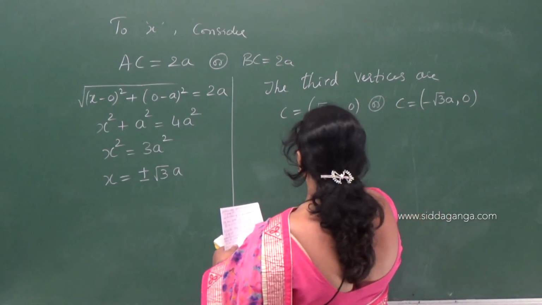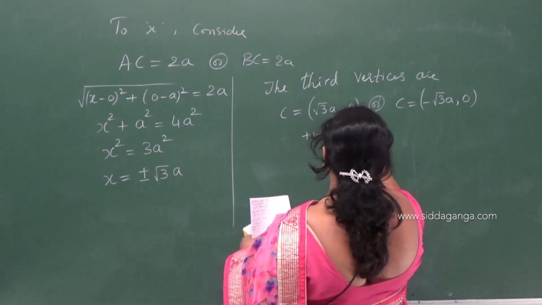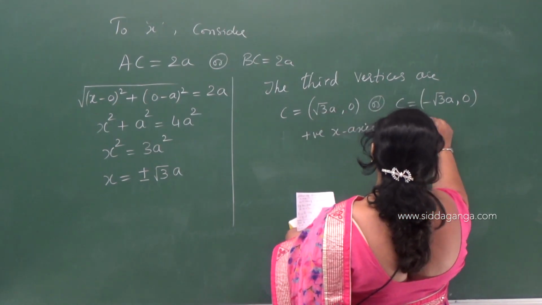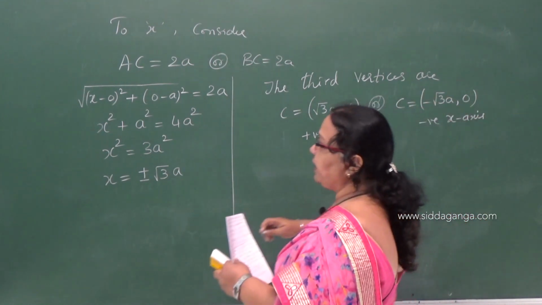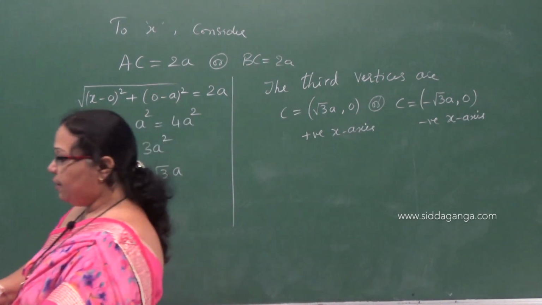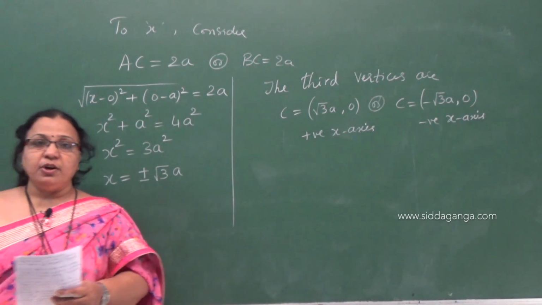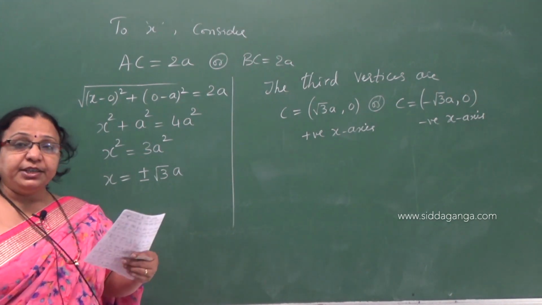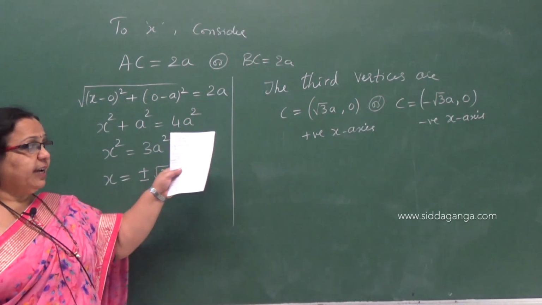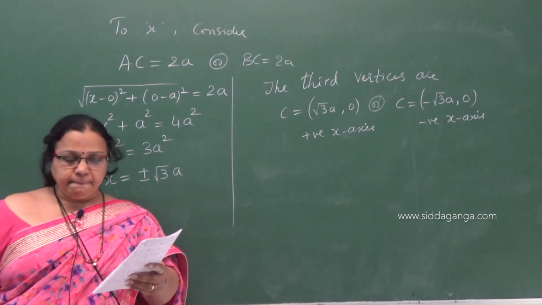This lies on the positive x-axis and this point lies on the negative x-axis. So we can construct on the positive or negative x-axis, and we get 2 points here.